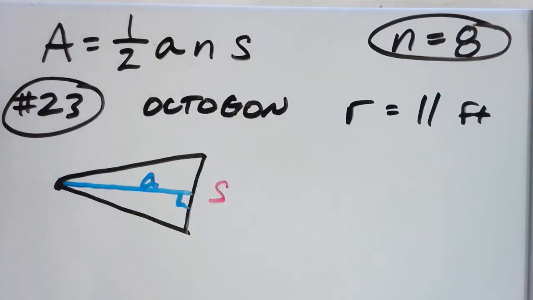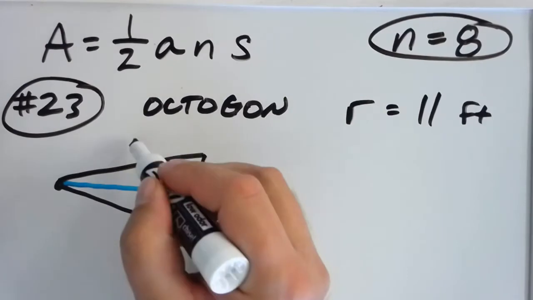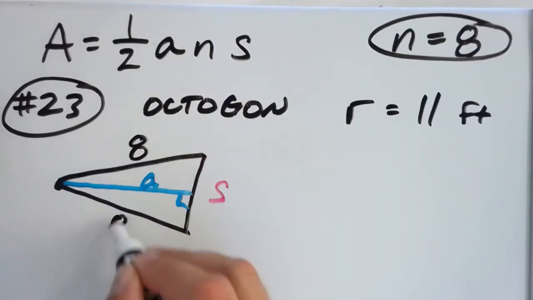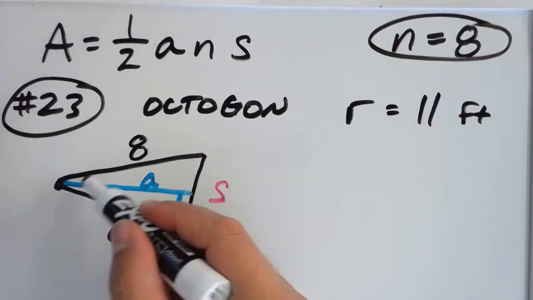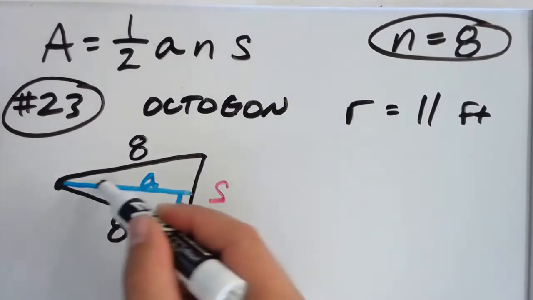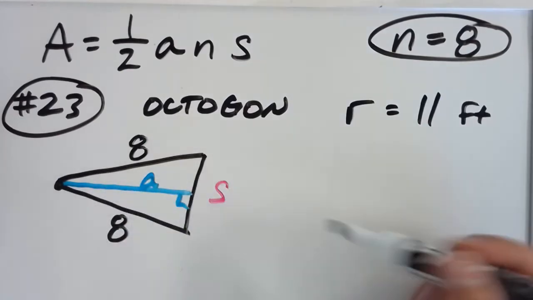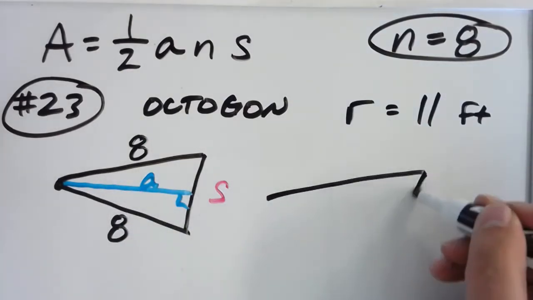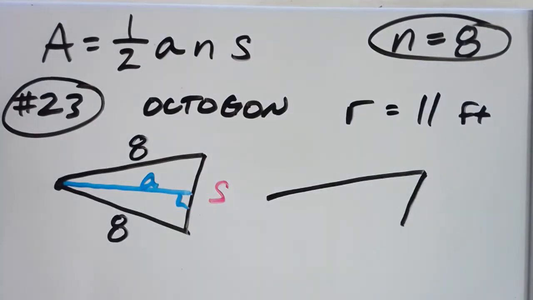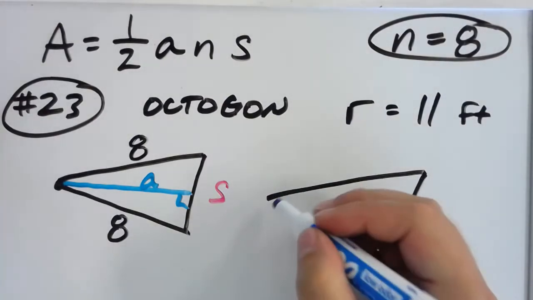But let's keep going. The other piece I'm given here is that the radius is 8. That's each of these legs, for the record. And what I'm fundamentally going to be doing is taking out, say, this top little slice, this top sliver of this to create a right triangle. I'll use the blue apothem length to demonstrate that.